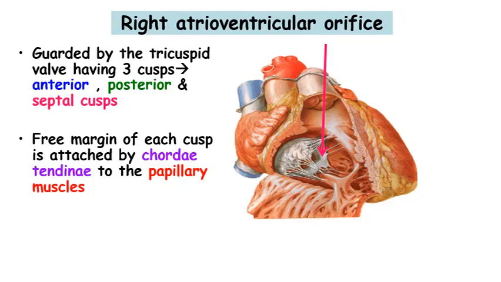The free margins of these cusps become attached to very tiny filaments known as chordae tendineae, which in turn attach the cusps to the papillary muscles, each one to a corresponding papillary muscle.